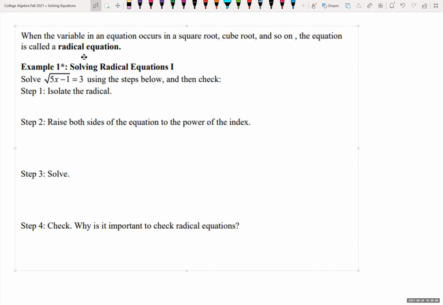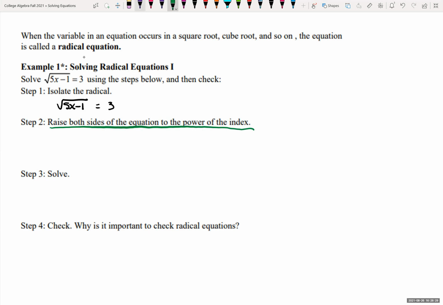The 5x minus 1 inside the square root is the radicand, not the radical. So first thing we want to do is isolate the radical. Well, notice that's already isolated. That square root is already by itself, so it's already done for us. There's nothing to do there. And then we're going to raise both sides of the equation by the power of the index.